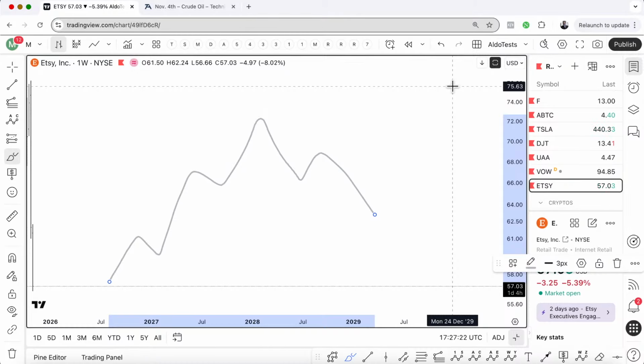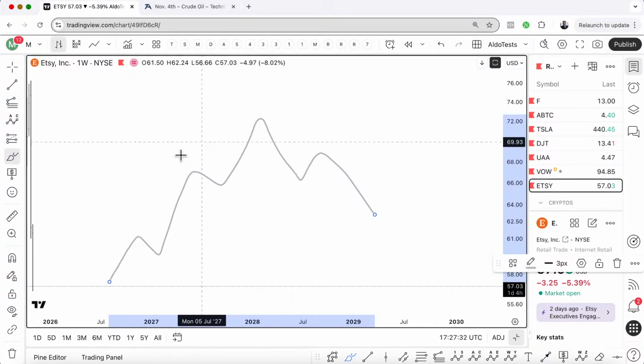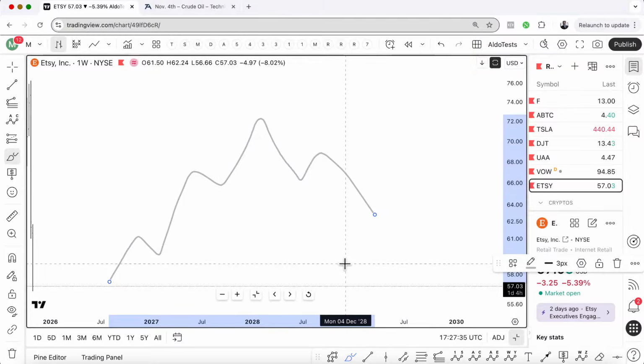But I also told you that this is going to be your trade setup. And that's why looking for this type of situation is probably the greatest exercise that you could make.